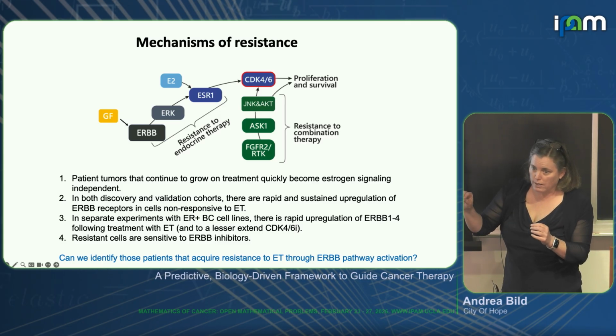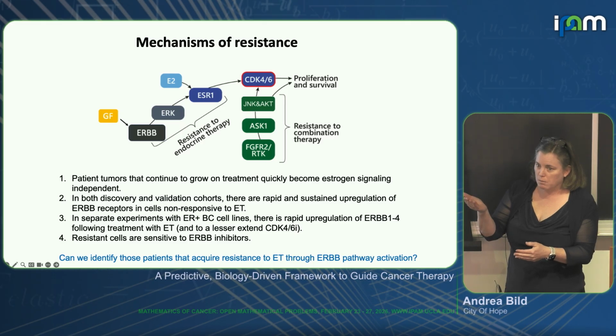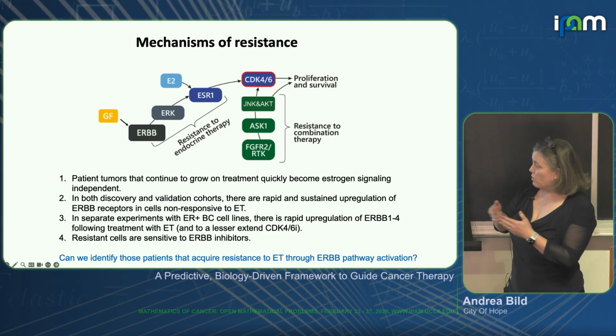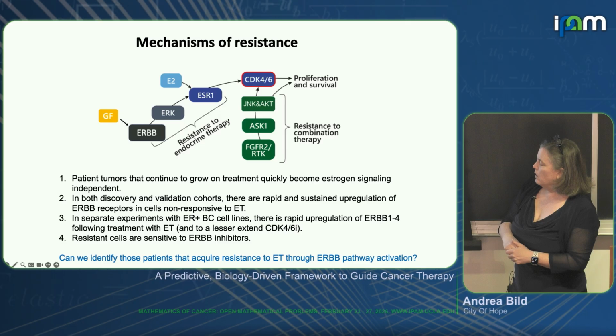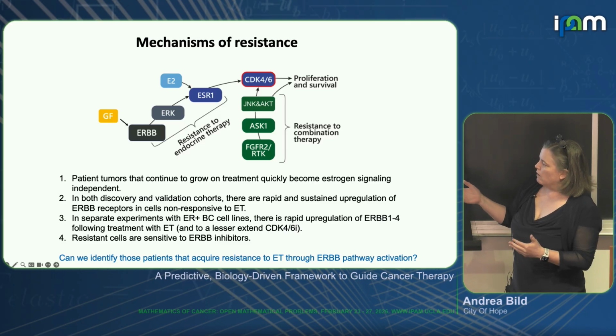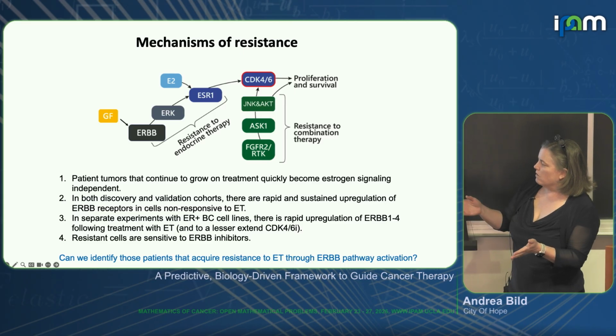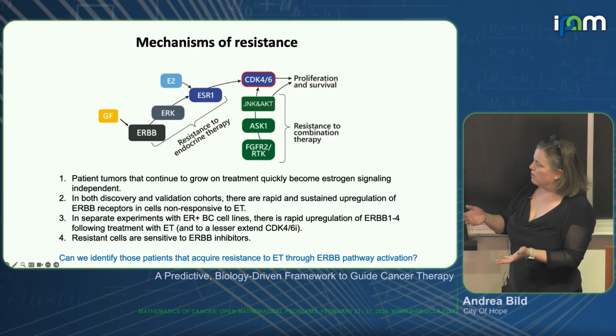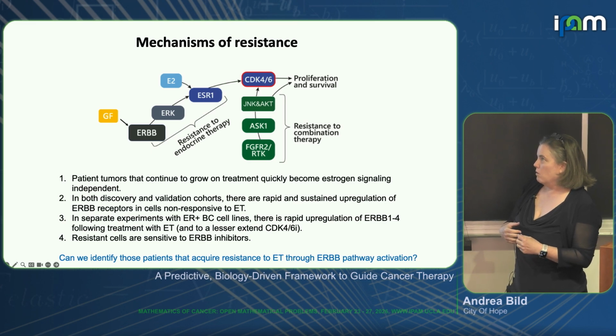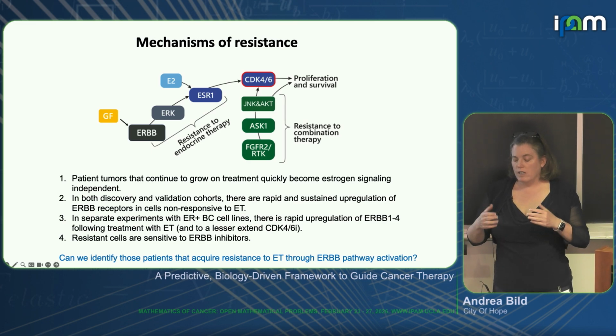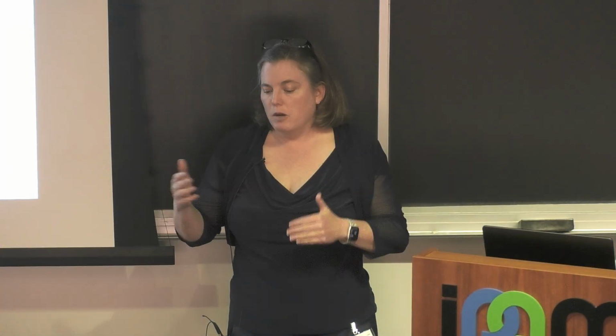So it's not just RNA level; we see it at the protein level from the experimental data. We didn't measure protein in the patients because we don't have that data. And we can see that resistant cells can have sensitivity to ERB inhibitors. I just showed one experiment, but there are a lot.